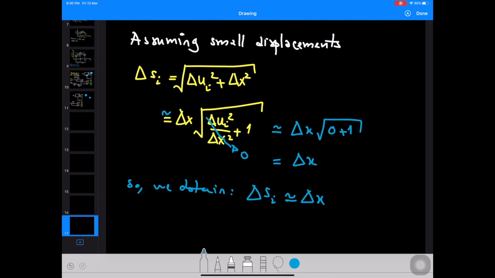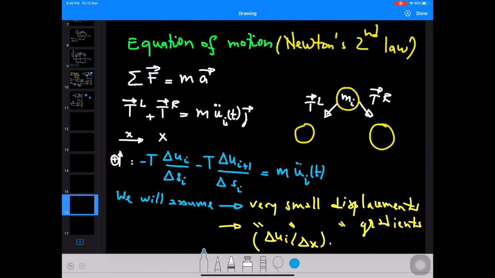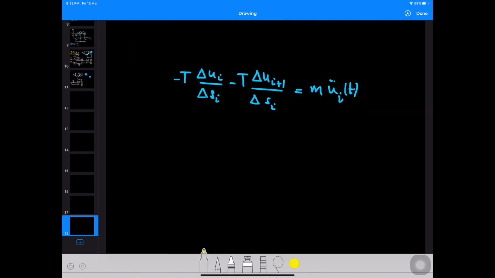Now we can go back to this equation and replace delta s_i in these two terms by delta x. Then we divide both sides of the equation, the left and right side, by delta x. So let's do just that.